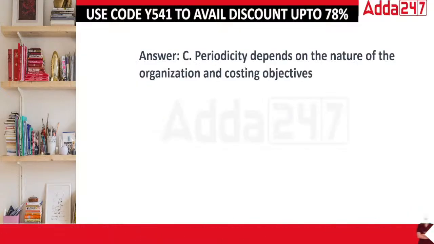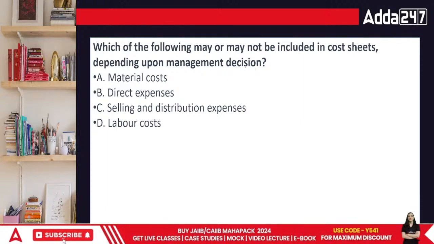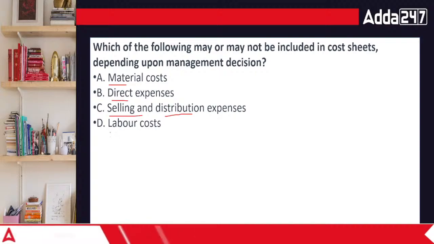Okay, done. Which of the following may or may not be included in the cost sheets, depending upon the management decision? Material cost, direct expenses, selling and distribution expenses, or labor cost?